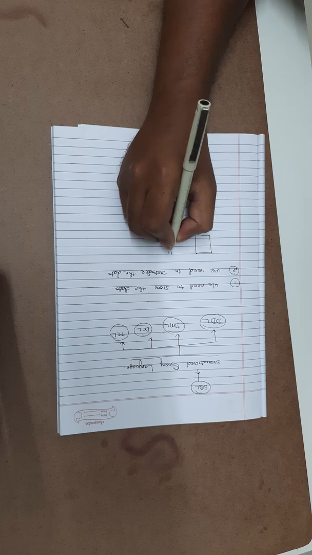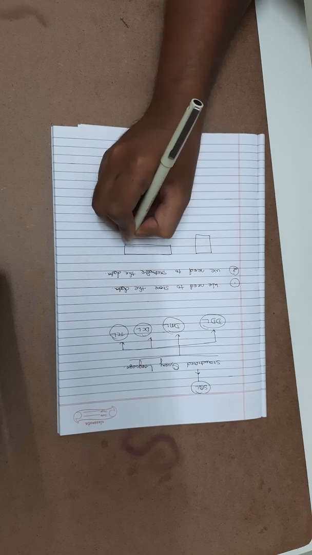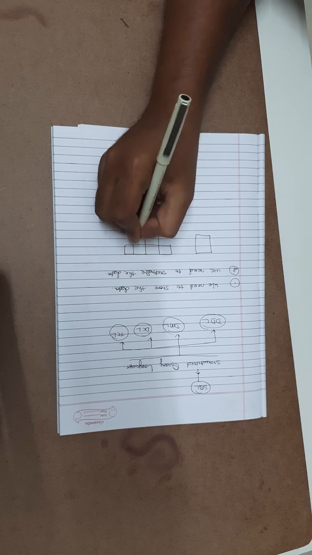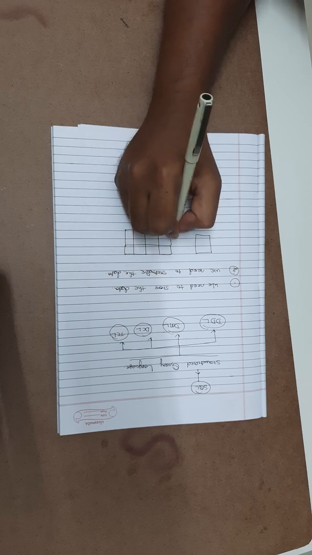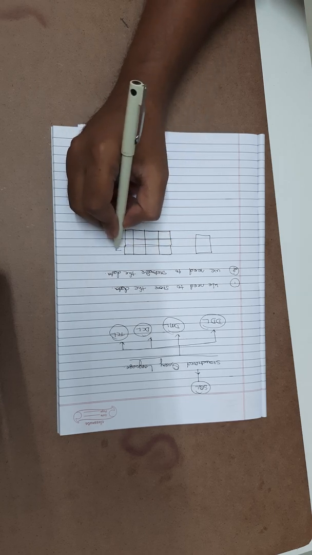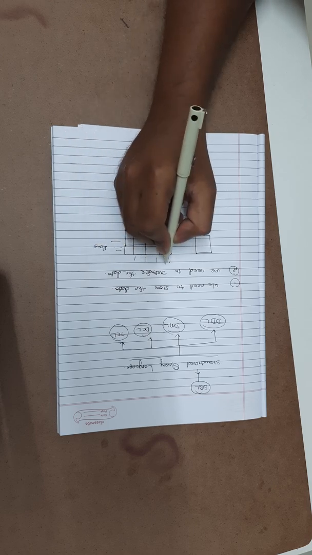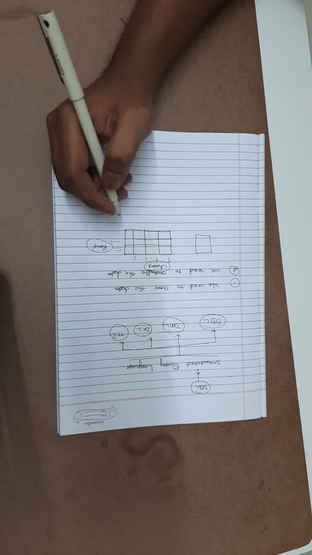I think you all know the basic structure of the language, which is nothing but a table. A table consists of rows and columns. I think in the last class we discussed this, rows and columns.